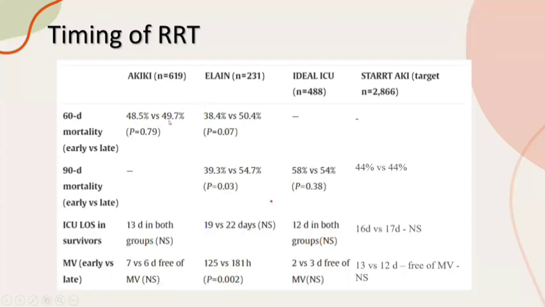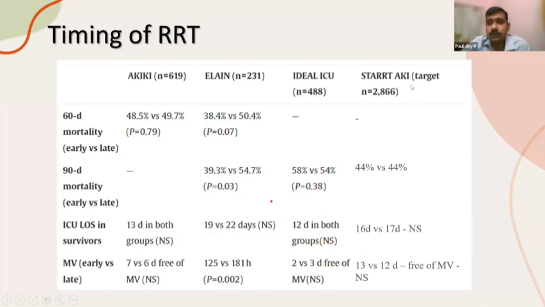Now, the mortality was not different in the AKIKI, IDEAL-ICU and STARRT-AKI trials, but the mortality was lower in the ELAIN trial, 38.4% versus 50.4%. And there was no difference in ICU stay, and there was no difference in days free of mechanical ventilator in all studies except ELAIN.